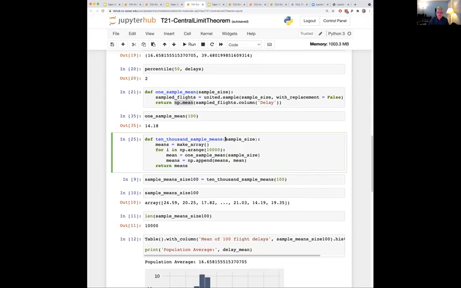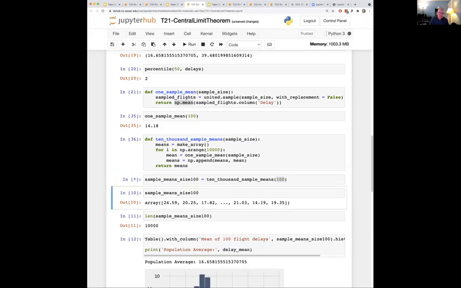Our sample size we can pass in as a parameter, but whatever that is, we're going to do that 10,000 times to get our distribution. We'll call these our 10,000 sample means, and each time we're drawing a random 100 as our sample out of the population.